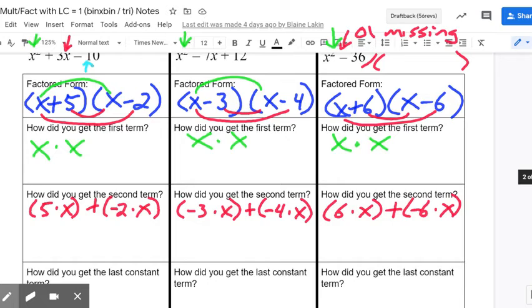That came from multiplying the constants. 5 times negative 2. Negative 3 times negative 4. And 6 times negative 6. So that's just a visual of where all those parts came from, how the broken apart factors give us the trinomials.